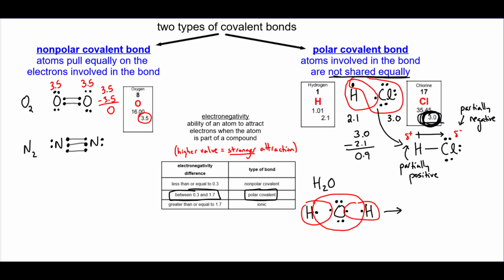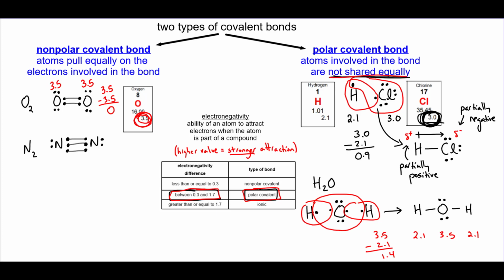Let me do this drawing over here a little bit more simply. Those circles get a little confusing after you get the idea. So there's my unshared electrons, and there's hydrogen over there. Now hydrogen's electronegativity is 2.1, and we know oxygen from over here was 3.5. So if we subtract those, 3.5 minus 2.1, that works out to be 1.4, which is still between 0.3 and 1.7, so it's still polar covalent, which means those electrons are not shared equally.